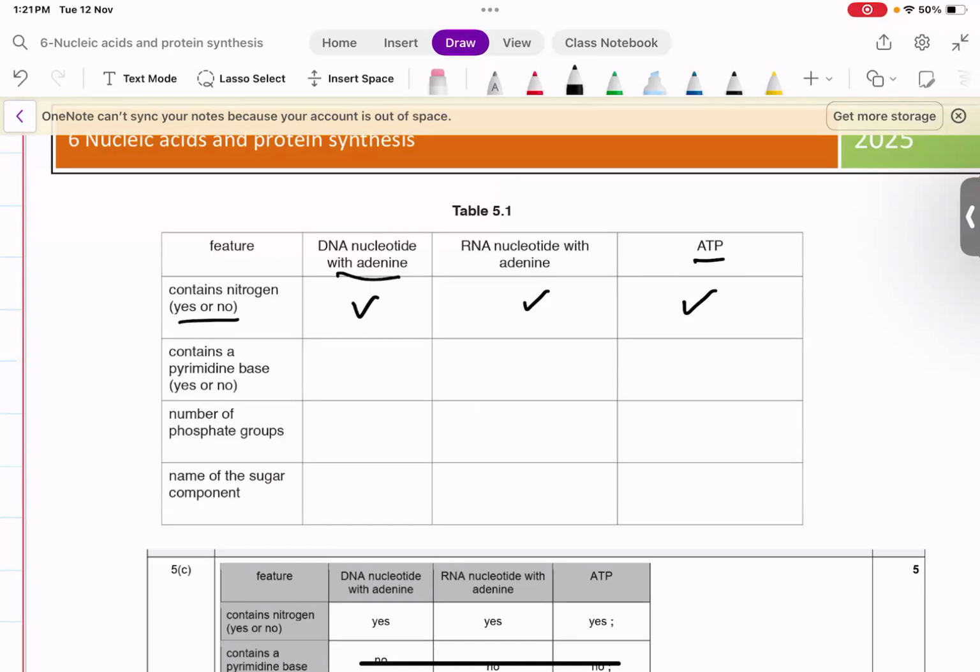Contains a pyrimidine base. What are the pyrimidine bases? Pyrimidine bases are cytosine, thymine, and uracil.